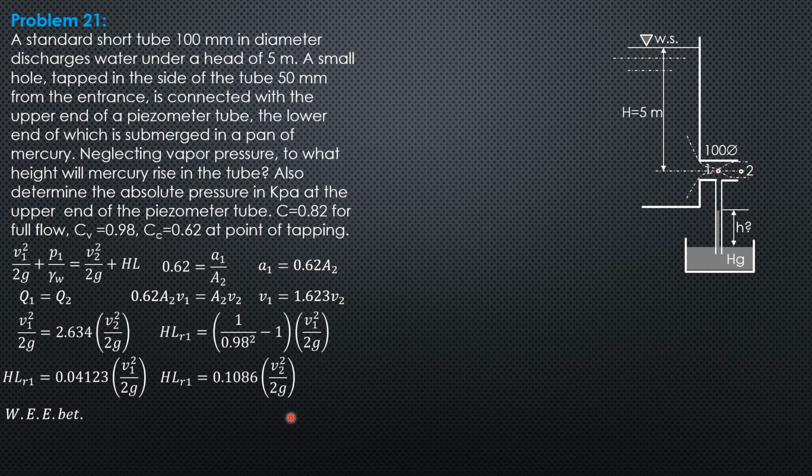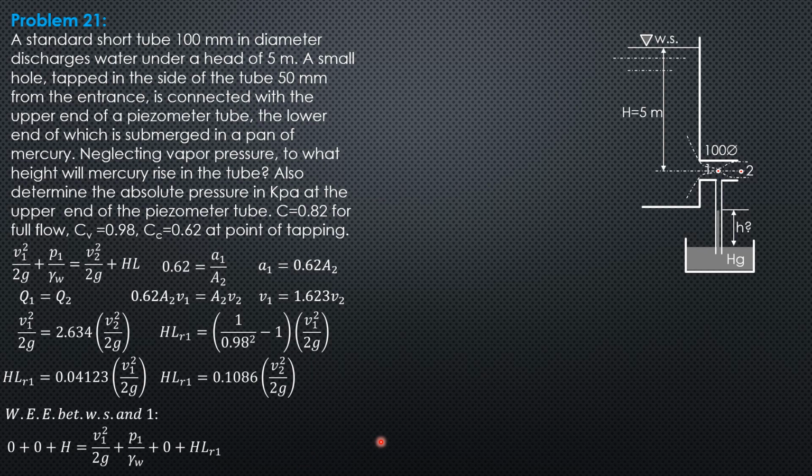So if we write the energy equation between the water surface or reservoir and point 1, then we have velocity head 0 in the reservoir, pressure head 0, elevation head is H for the water surface, equals velocity head at 1, pressure head at 1, elevation head at 1 is 0, datum through 1, and head loss from reservoir to 1.